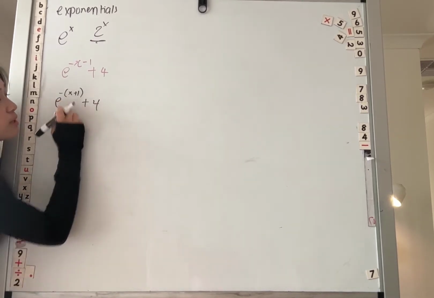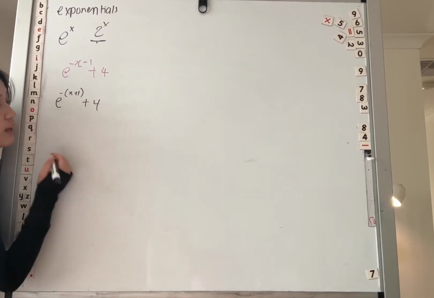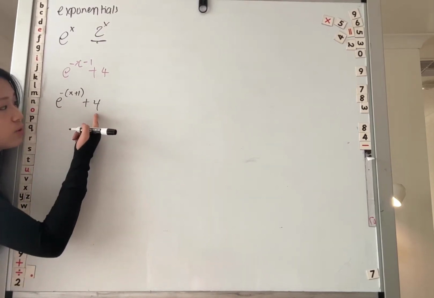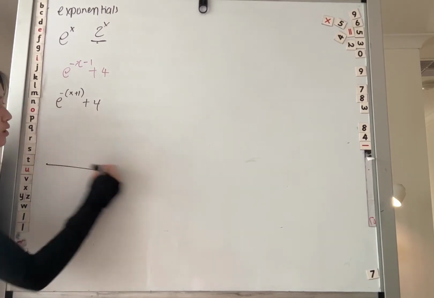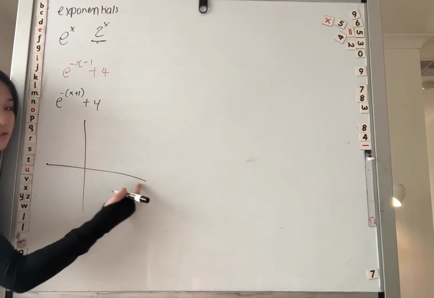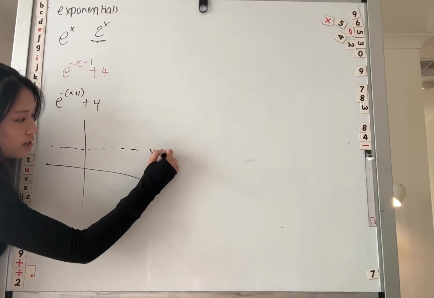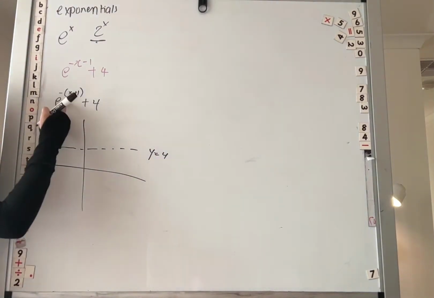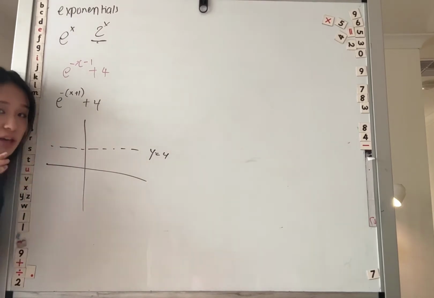So if it's a plus 1, that means I know you're moving 1 unit to the left on the x-axis, and then your y value plus 4 is moving the graph up by 4 units. So remember how there's an asymptote at y equals 0, all I have to do is move it up by 4 units, y equals 4, right? And now I know that, so I'm not looking at the reflections yet, I'm just looking at the translations first.